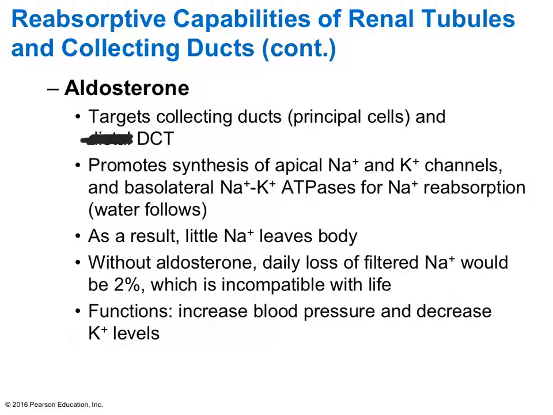It does so by increasing the number of sodium-potassium pumps on the basolateral membranes of the tubules, as well as sodium channels on the apical membrane side. So increased aldosterone activity is going to increase sodium reabsorption out of the filtrate. Therefore, it reduces the amount of sodium that we lose in the urine. And water is going to follow sodium, so aldosterone also increases blood pressure.